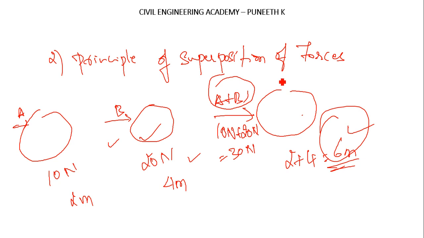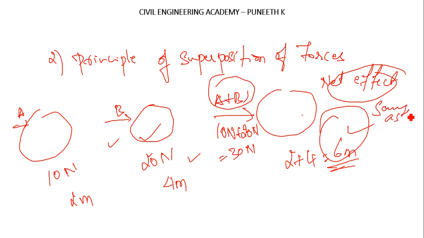This principle states that the net effect of a system of forces, please observe the word net effect, very important, the net effect produced by the forces on the body is the same as that of the combined effect. So when applied individually, it travelled 2 meters and 4 meters. When the two forces are combined, it travels a distance of 6 meters.